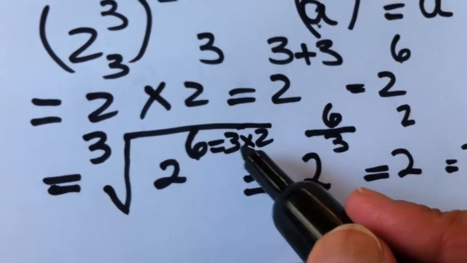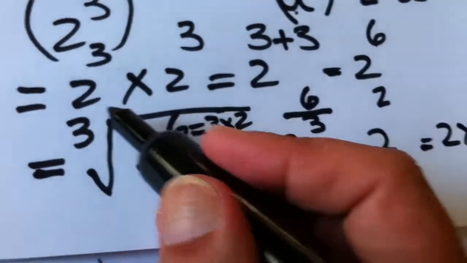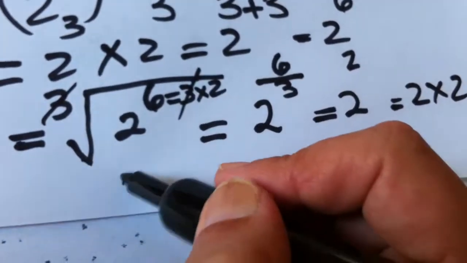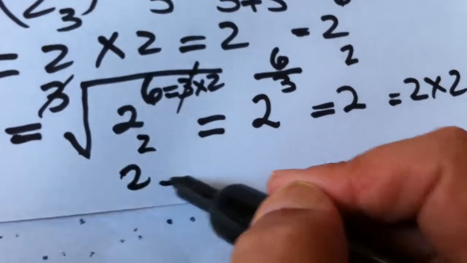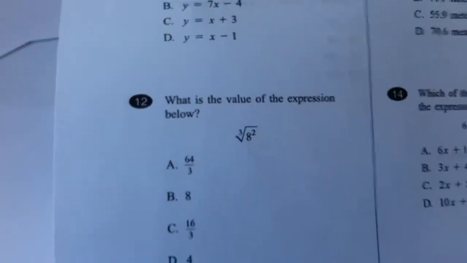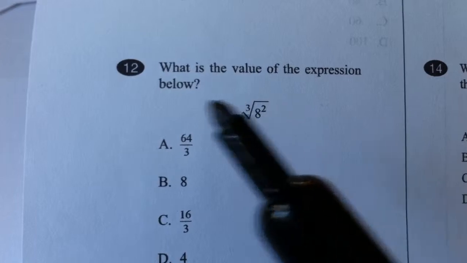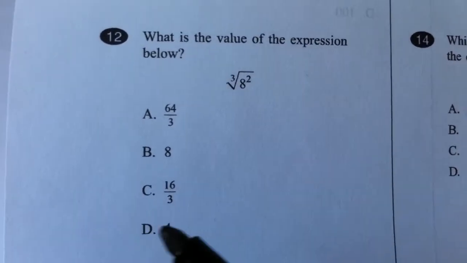So this 3 and that 3 are the same. We will simplify that and get rid of the radical sign, so I will be left with 2 squared, and that would be 4. So the answer to the question, what is the value of the expression below? We got a 4, so it's choice D.